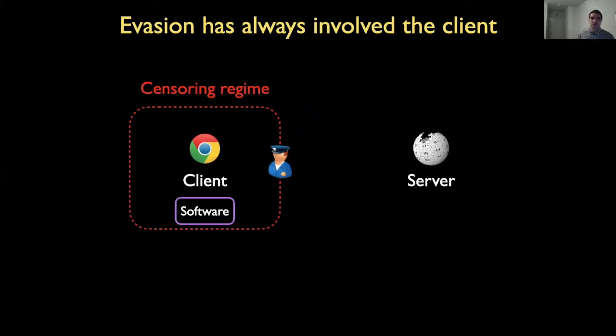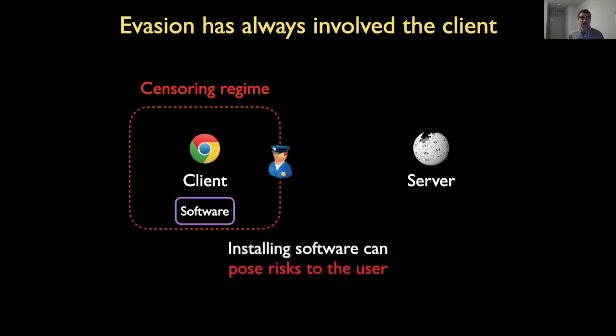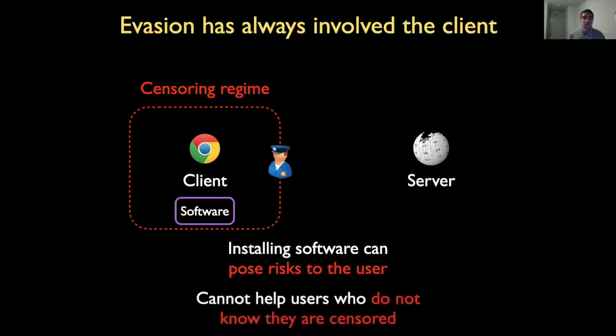The problem with this is it's always posed a significant barrier to deployment. Getting clients to install the software itself can often be a problem. Even beyond the difficulties of that, installing the software in the first place can pose risks to the user. And making this problem worse, we can't help users who don't even know they're being censored in the first place, or who may not possess the technical expertise to configure software in such a way that they can defeat censorship safely. So this was the problem we approached this work with.